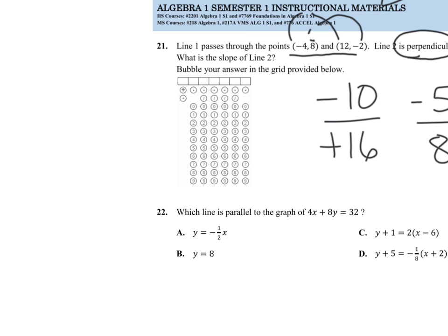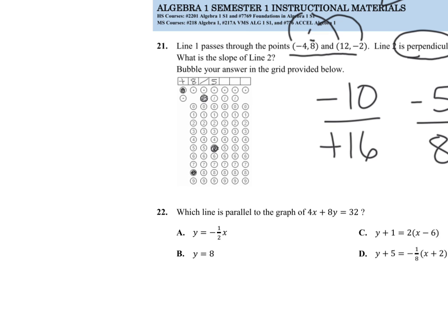So it's positive 8 over 5. Every single symbol gets its own column. And then I would bubble in the 8, and I would bubble in the slash, and I would bubble in the 5. I can't put more than one thing in a column because it doesn't know where you want what. So just write it in order.